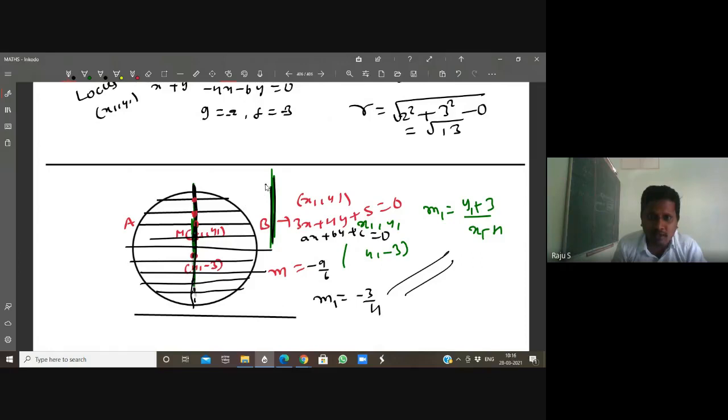This is parallel to the line. Is it clear? The locus of midpoints of the chords: how many chords are there? There are infinite chords, but the locus of all midpoints is given by a line segment, a line. So that line is clearly parallel to another line.